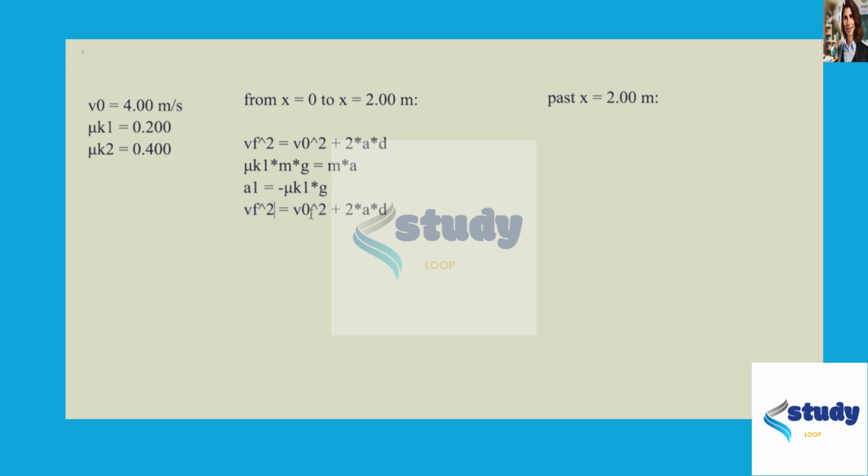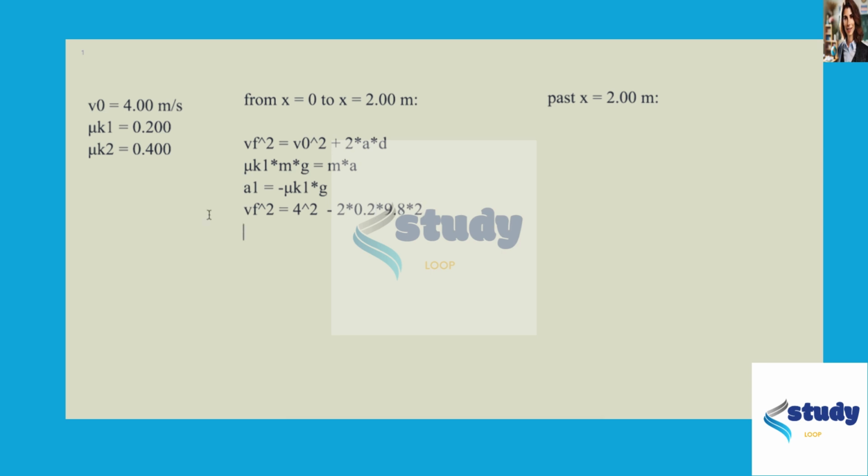V0 is 4, and A is negative mu k1 times g, and our distance is 2 meters. Let's plug in 9.8 for g and 0.2 for mu.